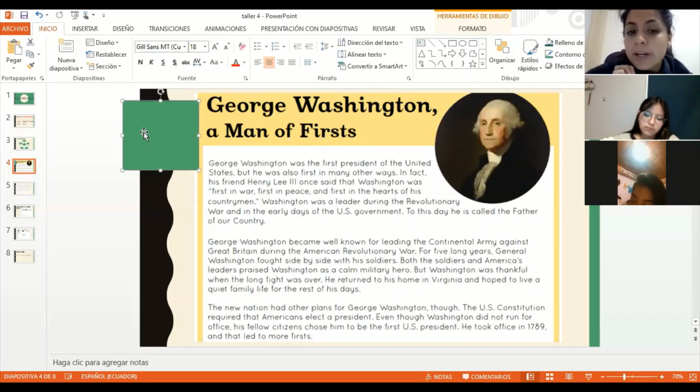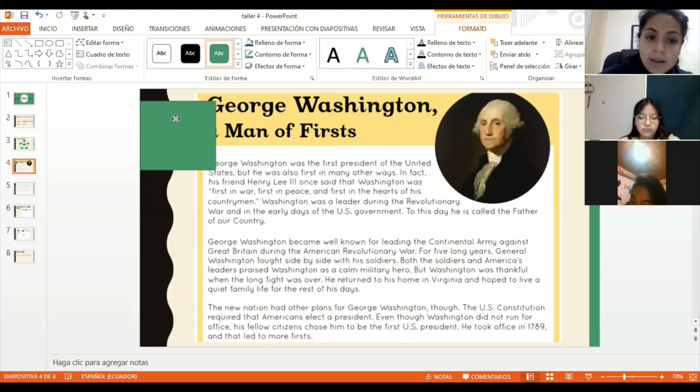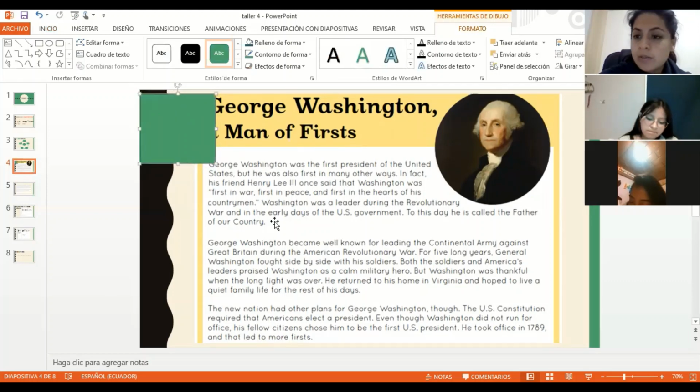And then for each paragraph, we're going to be highlighting the specific ideas, all right? So the general idea, what is this whole text about? That's what we're going to write here in the screen box. And then we are going to be highlighting the specific ideas for each paragraph. We're going to be doing that together, okay?